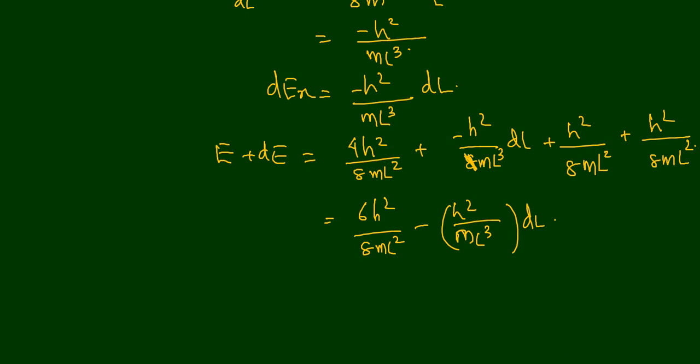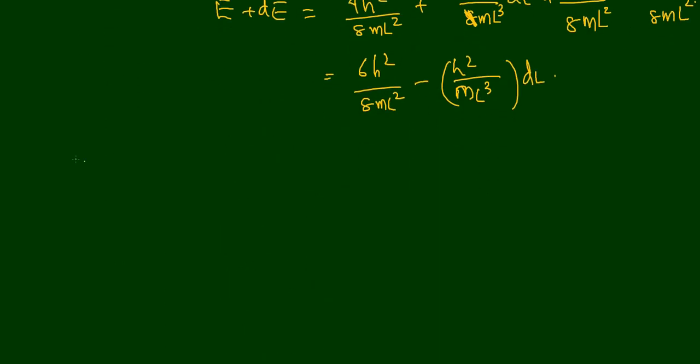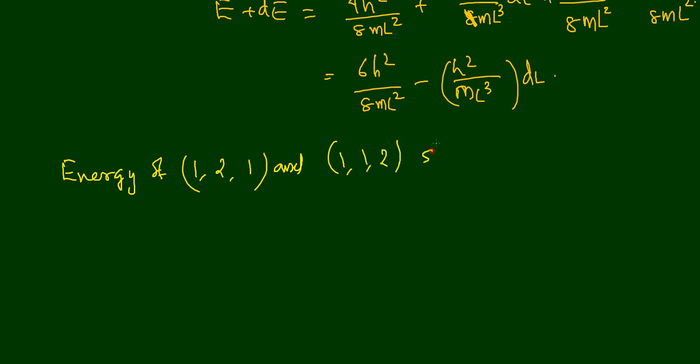So let me pick the case of the 1 2 1 and 1 1 2 states. I am considering these two together because in both of these cases nx is equal to 1, and the distortion happens in the x direction. So that is why I am considering both of these together.